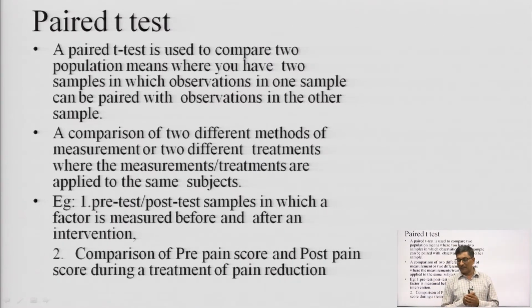For example, a pre-test and post-test sample in which a factor is measured before and after an intervention. Second, a comparison of pre-pain score and post-pain score during a treatment of pain reduction. As in both cases the observations are paired, or the subjects are the same, this paired t test is also known as the t test for two dependent groups or dependent t test.